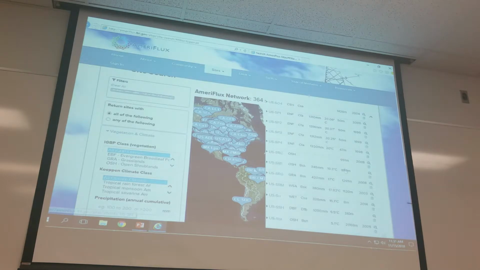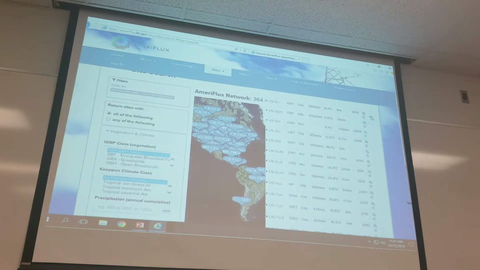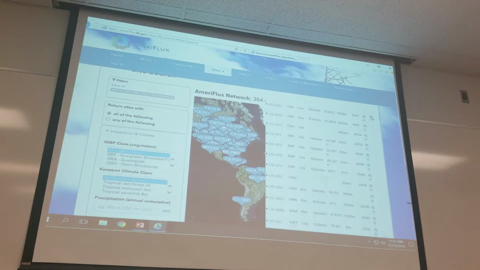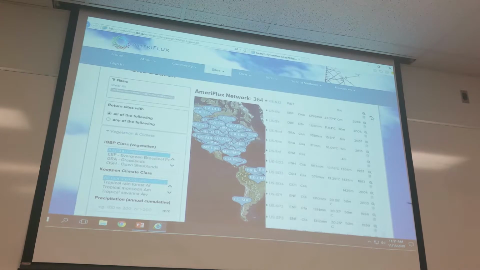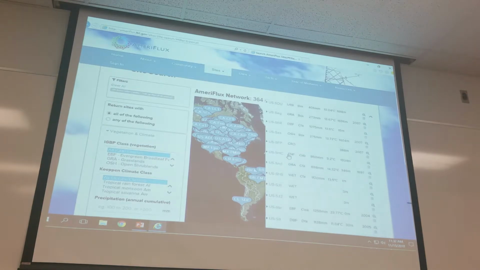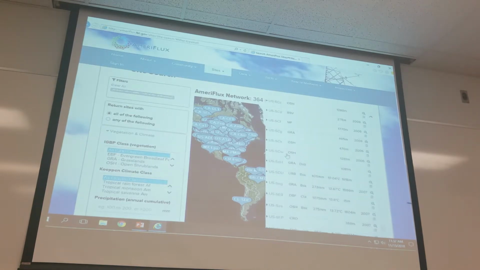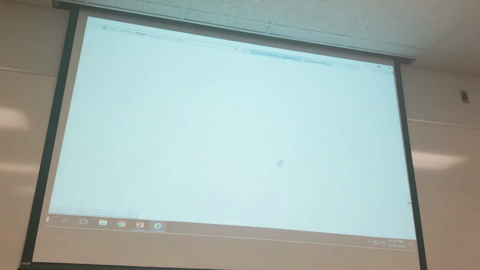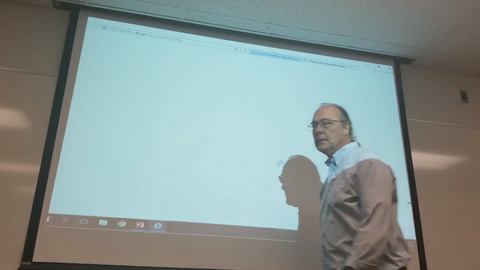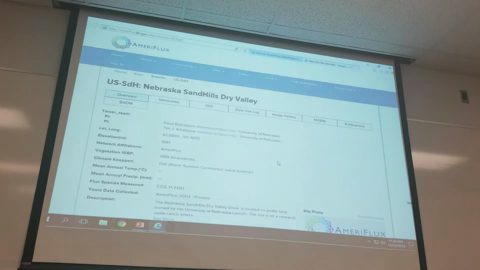So we have a site in the Sand Hills, for example. So this is our sample site near Whitman, Nebraska, at the Gunnison Research Lab.